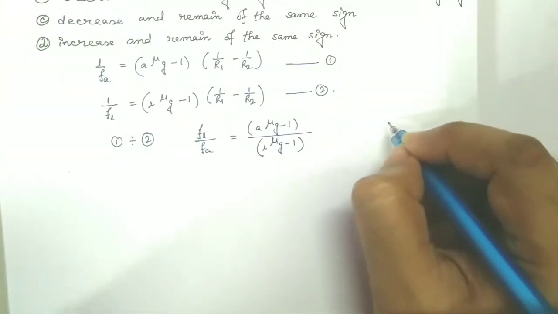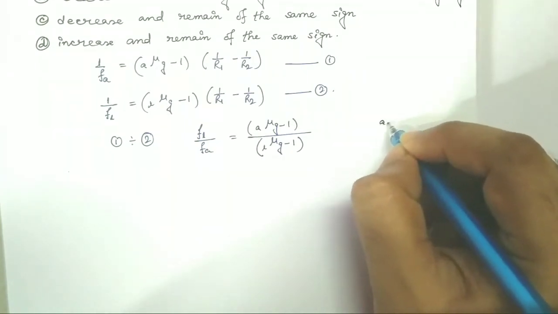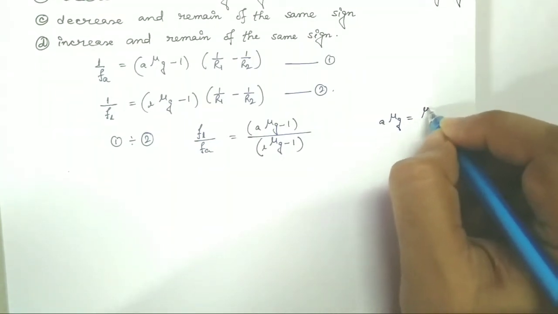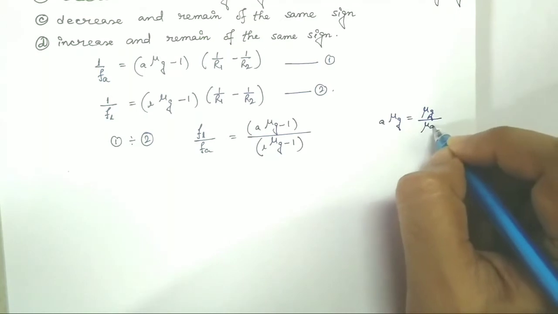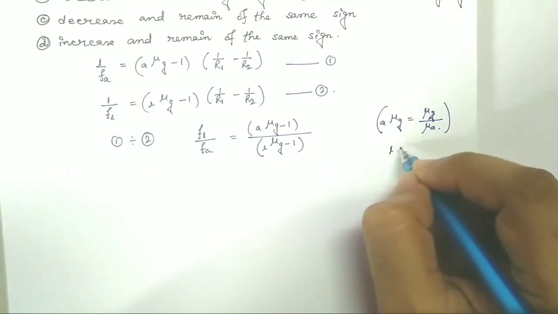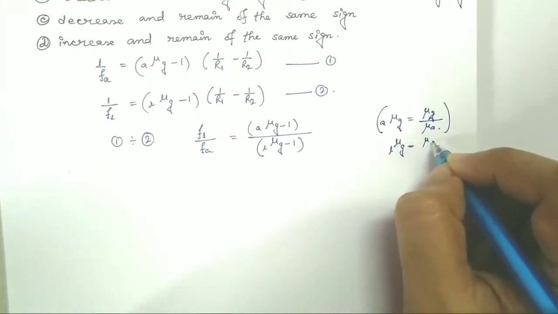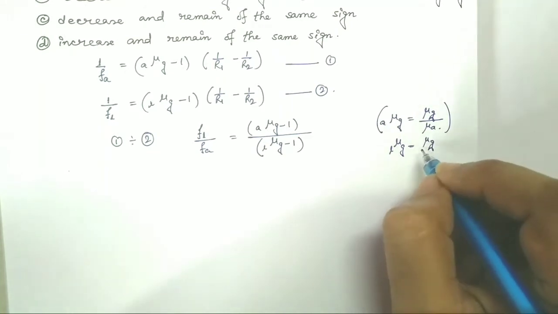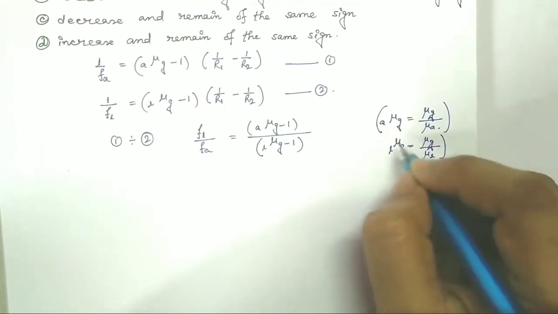I have told you in the doubt clearing class that aμg is the refractive index of glass with respect to that of air. Similarly, lμg will be the refractive index of the glass with respect to that of the liquid.